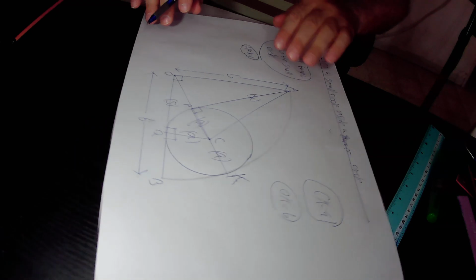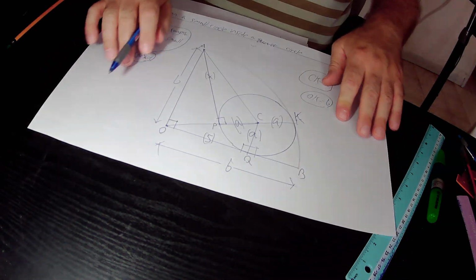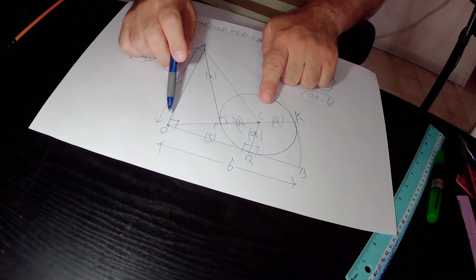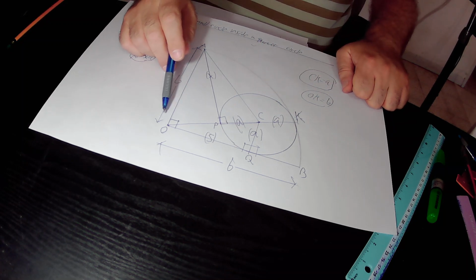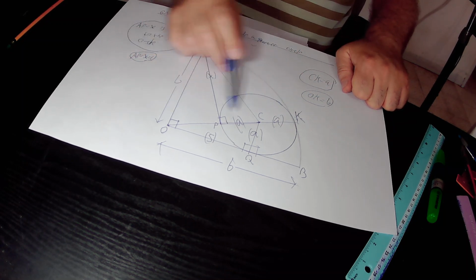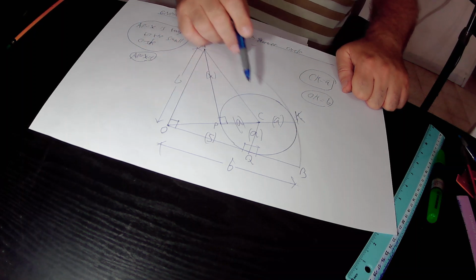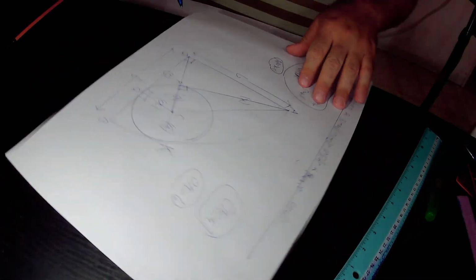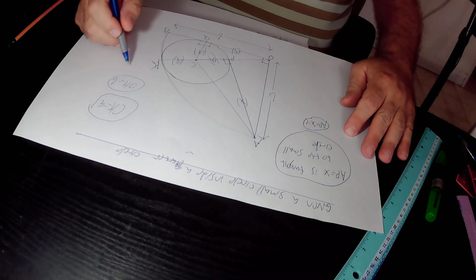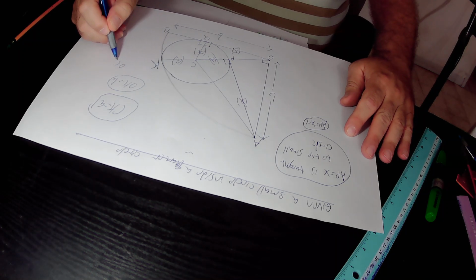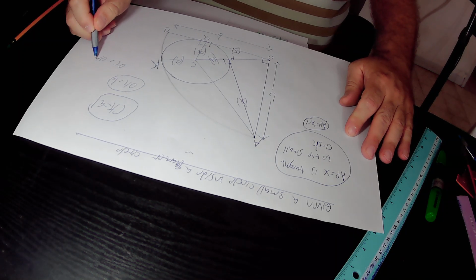So what is the length of line segment OC or CO? Line segment OC equals in total OK minus CK. So write it down. The length of line segment OC is OK minus CK.